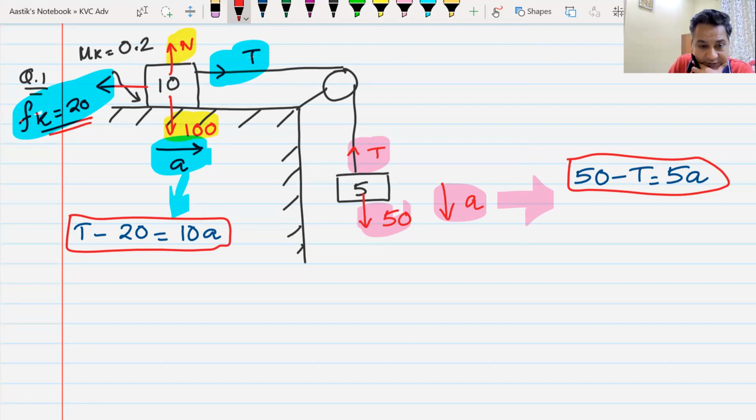Anyone having any doubt on this? Please see what mistake you are making. Probably you are making the equation in a different direction, and that is the problem. Okay, shall we move ahead in life? In life, we have to always move ahead.